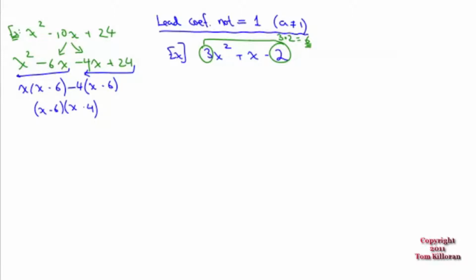Factors of 6, and then we hit the minus sign, that subtract up to 1. So what are factors of 6 that subtract up to 1? 3 and 2. So we're going to write 3, 2. What kind of 3, what kind of 2?